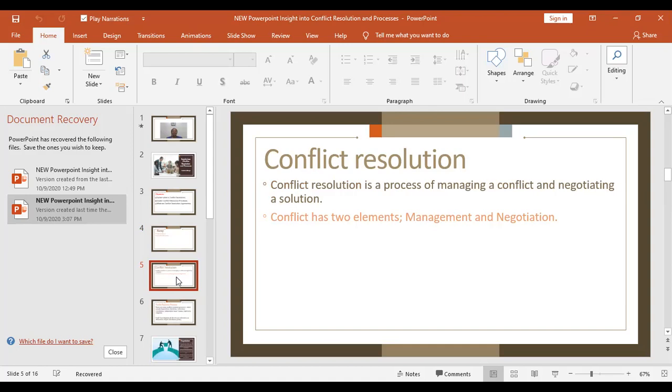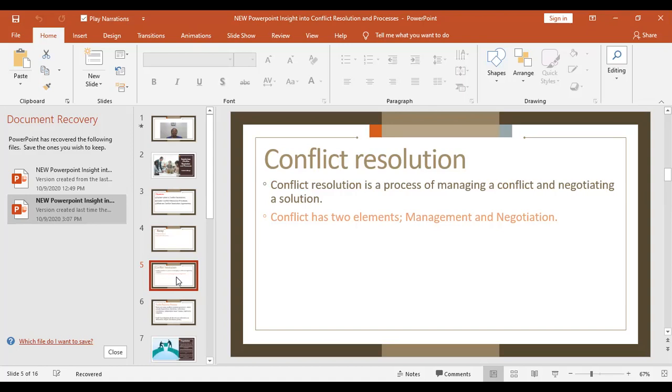and they are management and negotiation. The first one, which is management, actually takes care of the temperature around the conflict situation. In a conflict situation, you see people arguing, tempers are flaring, people are abusive, they are angry with each other. So the first element in resolving a conflict situation is to first manage this temperature, cool it down.